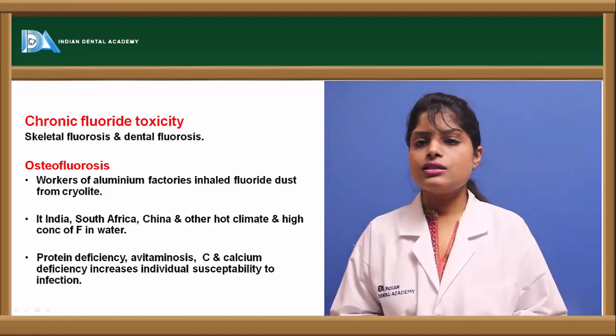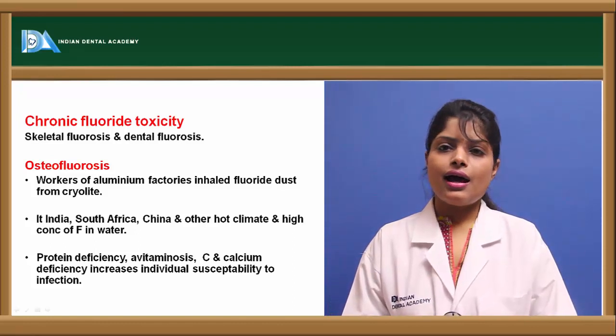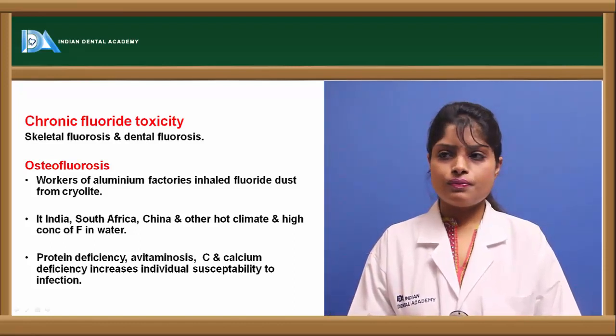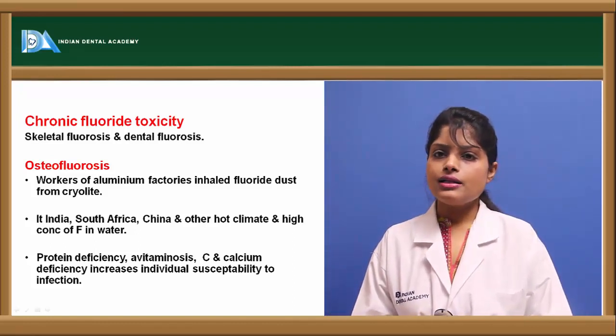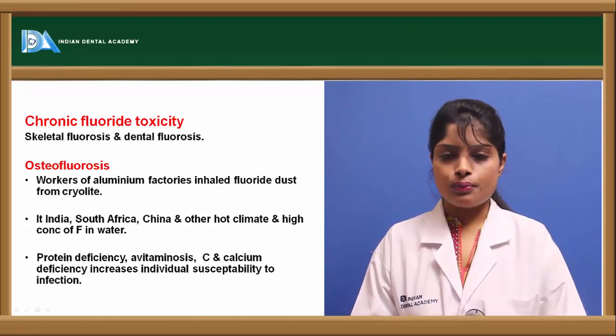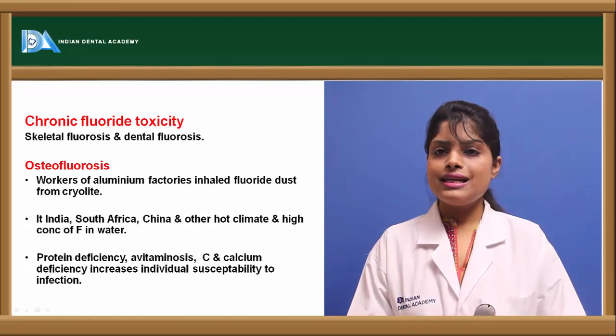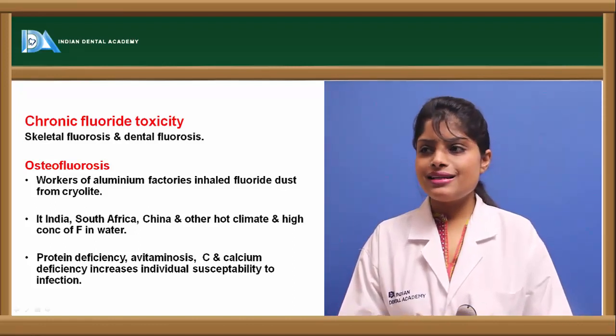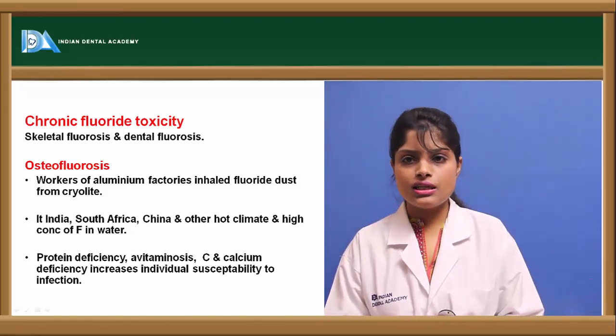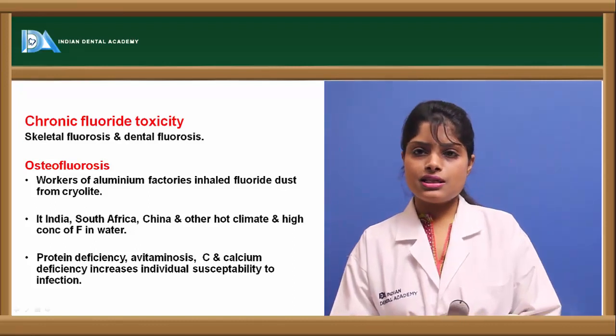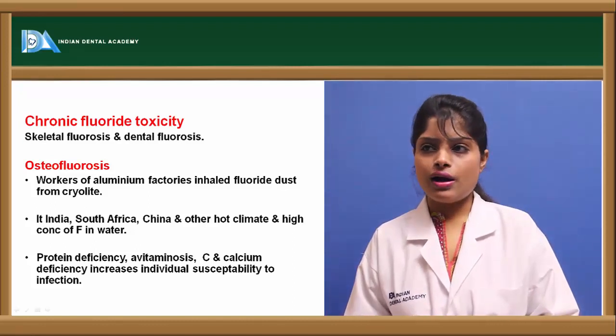It was prevalent in South Africa, China, and other temperate conditions, where the fluoride concentration of water was also more. Then avitaminosis, low protein level in diet, vitamin C deficiency, and calcium deficiency will also promote the susceptibility to fluoride toxicity.